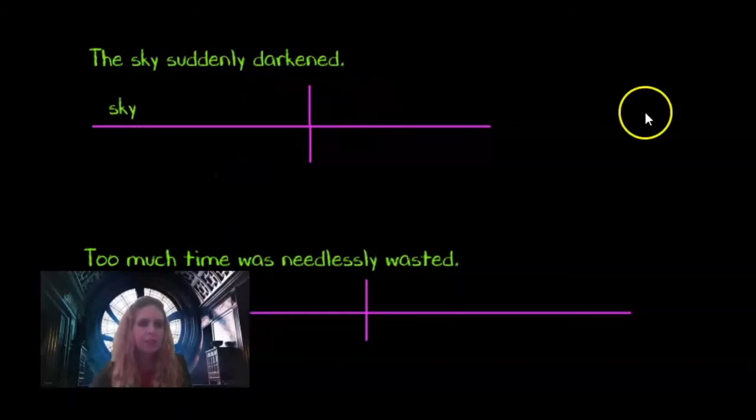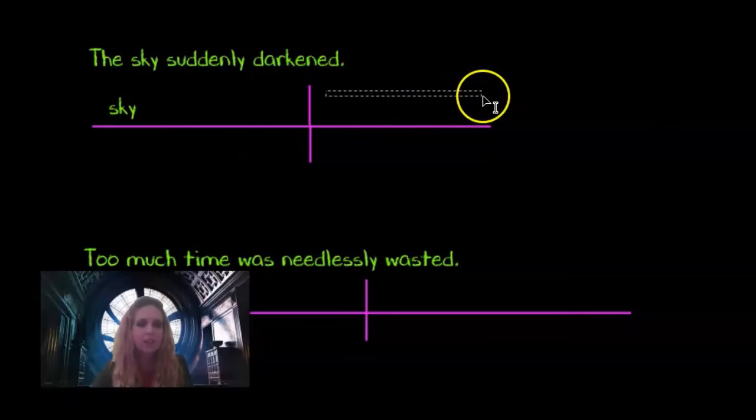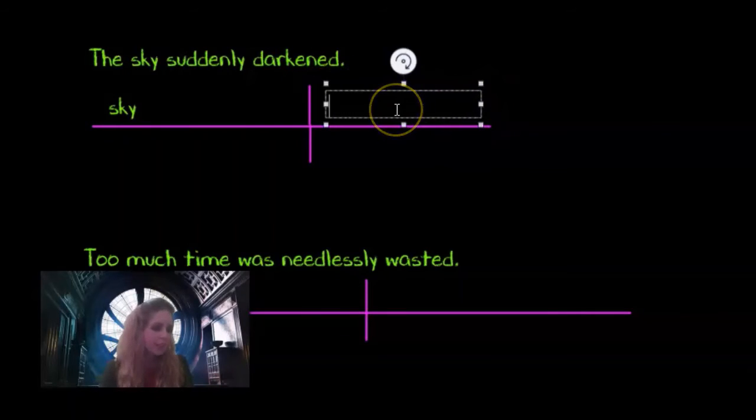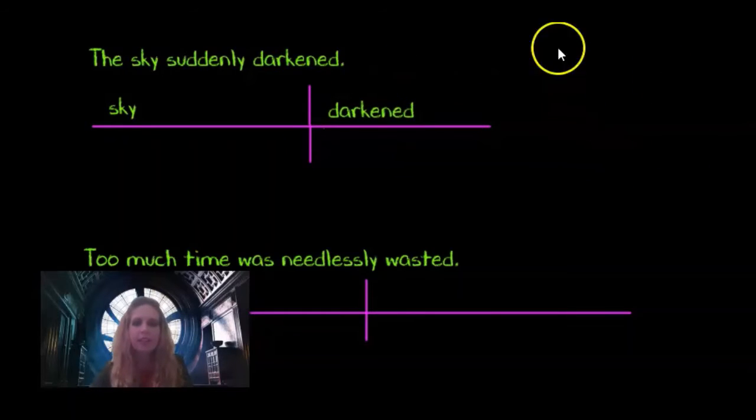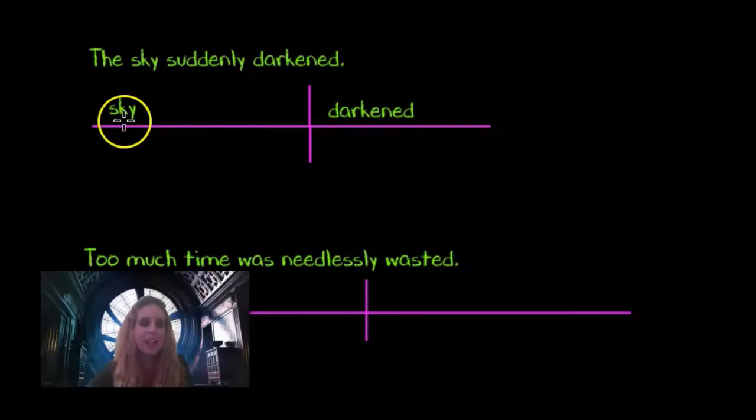All right, and what is our verb? Our verb is darkened. Okay, now we have the and suddenly. Okay, well, remember what it is? It's an article, right? And that makes it an adjective. So it is describing sky.